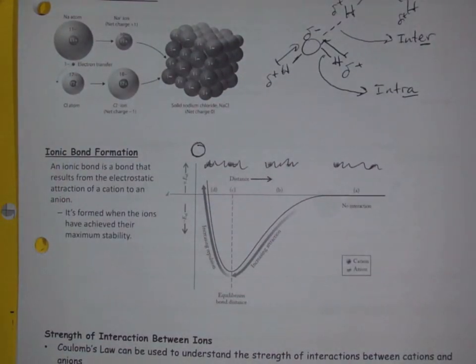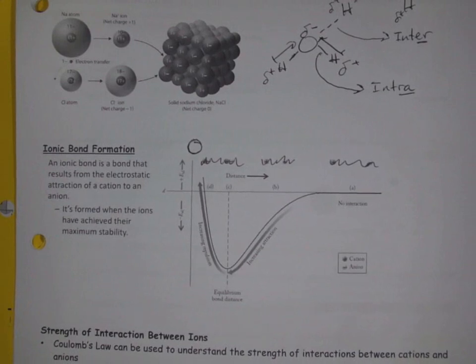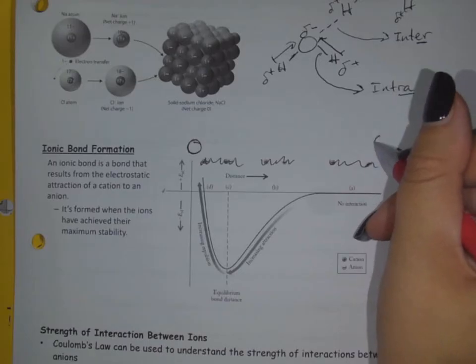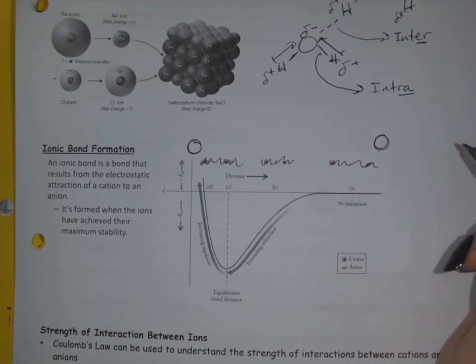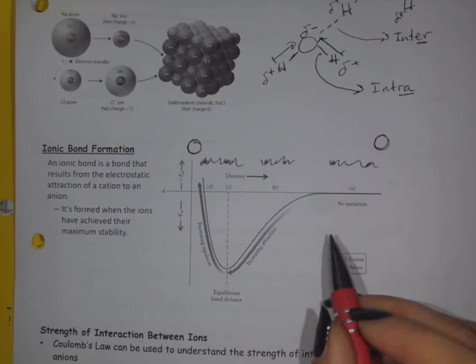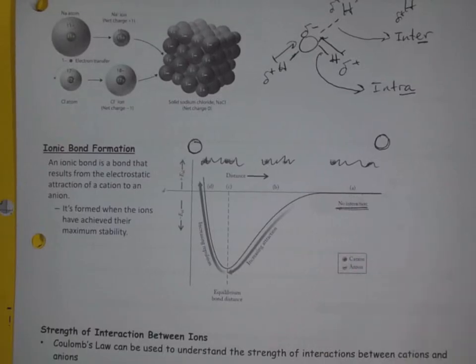It's got its positive protons in its nucleus, and it's got its negative electrons flying around. I'm going to have another atom that's going to start way over here. The first thing I want you to know is that they're fairly far apart from each other, so much so that there's not much interaction between them. There's not much attraction or repulsion between these atoms. That's why we get this no interaction portion.